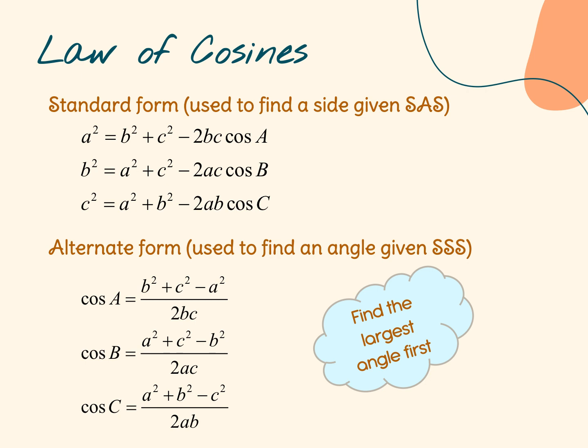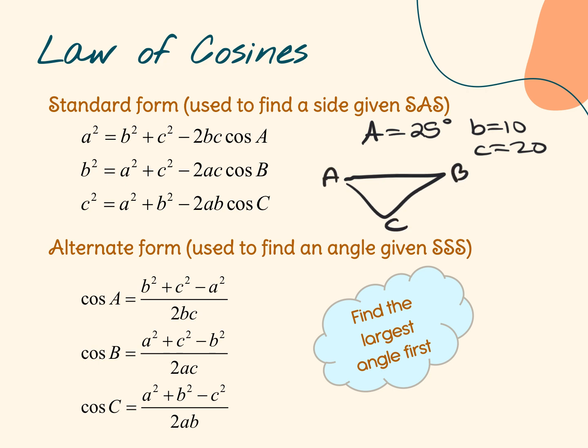So for example, let's say I gave you angle A is 25, side B is 10, and side C, let's say it's 20. So if I draw my triangle, and again, it doesn't matter where you put the A, B, and C, just to show you the scenario here, 25 is here, little b, remember, is across from angle B, and little c would be up here.